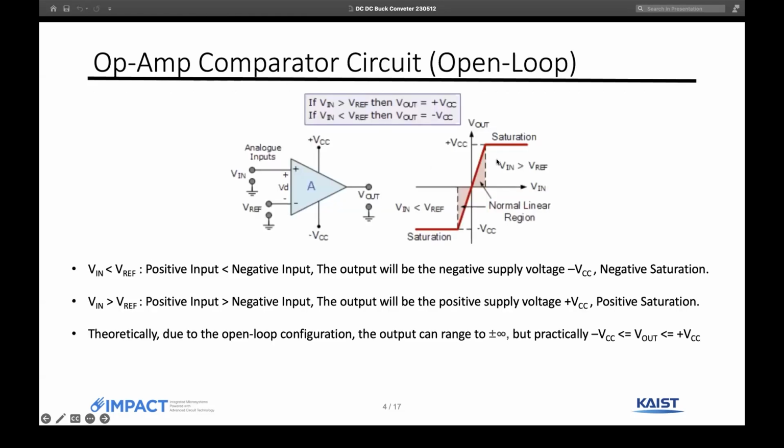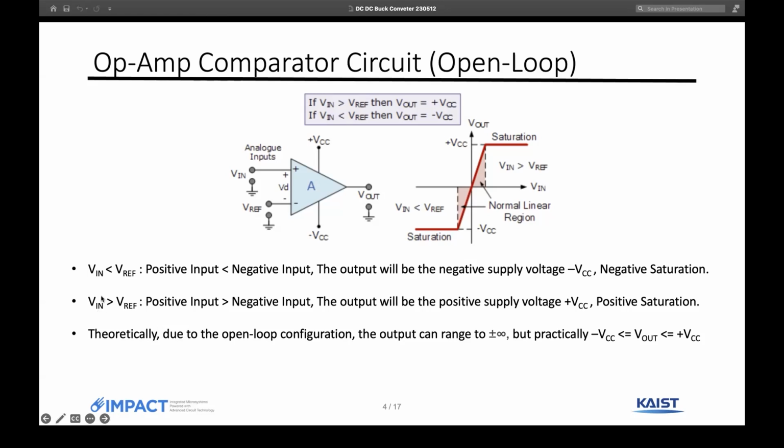So here are the details about the op-amp comparator circuit. If Vin is less than Vref, then the positive input is lesser than the negative input. At the positive end we have Vin, and at the negative end we have Vref. If the positive input is lesser than the negative input, the output will be the negative supply voltage minus VCC, which results in negative saturation.